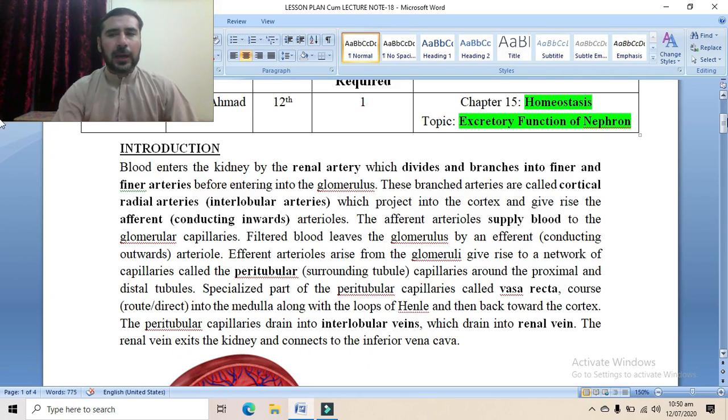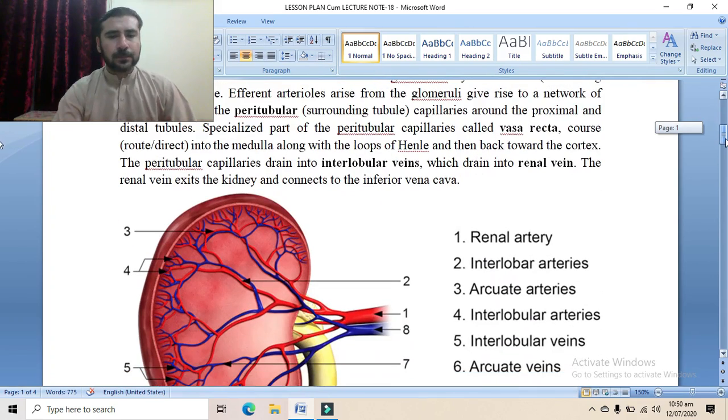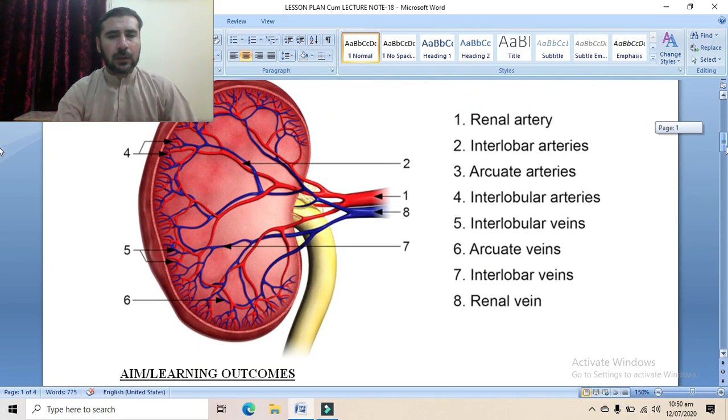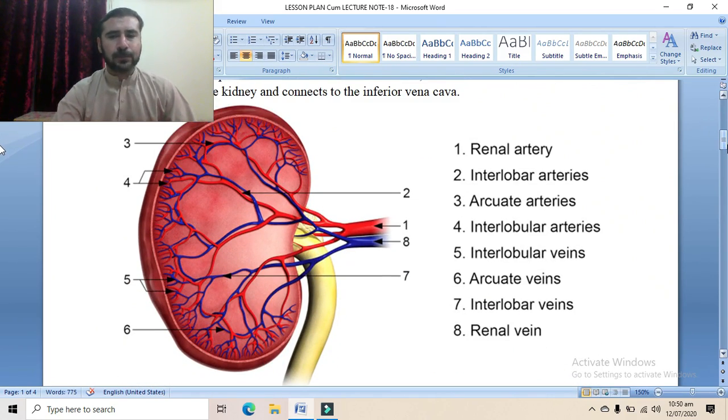Now, diagrammatically, it is shown here. The blood enters into the kidney through this number 1, the renal artery.